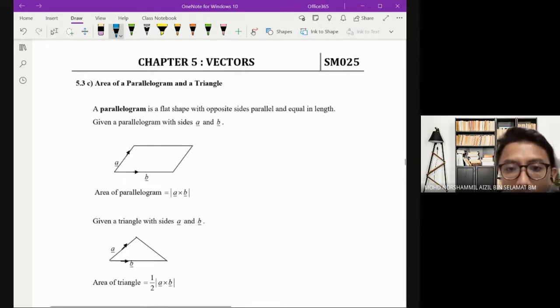This is the formula given. Area of a parallelogram is simply A cross B and then its magnitude. First step, we get A cross B. Second step, we find its magnitude, and the magnitude is the area.